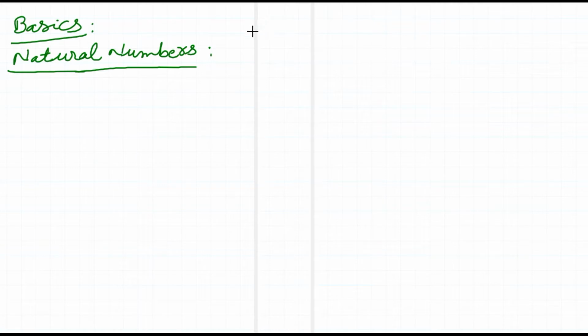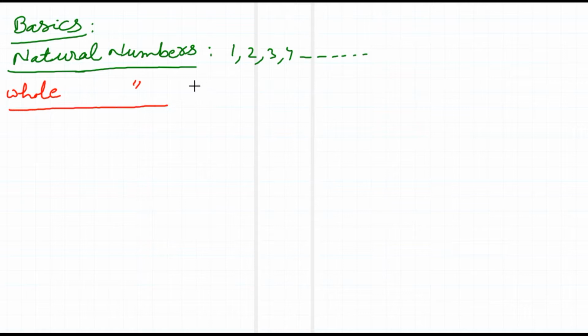All counting numbers from 1 to infinity are known as natural numbers. You already know. Second is whole numbers. When we include 0 in these natural numbers, they become whole numbers, from 0 to infinity.